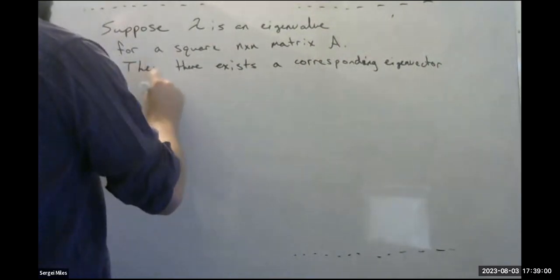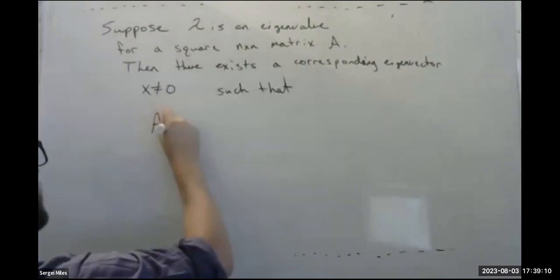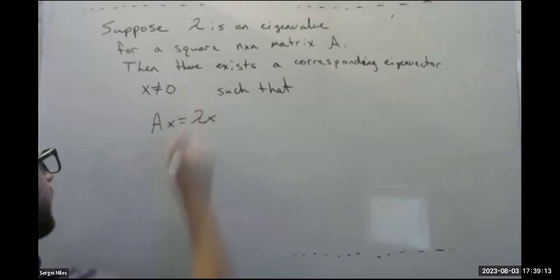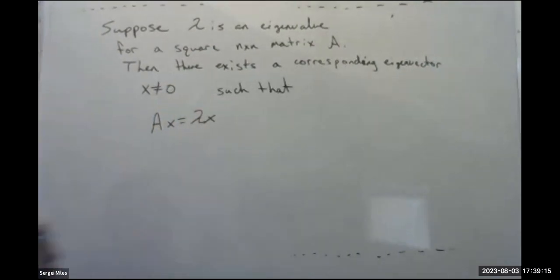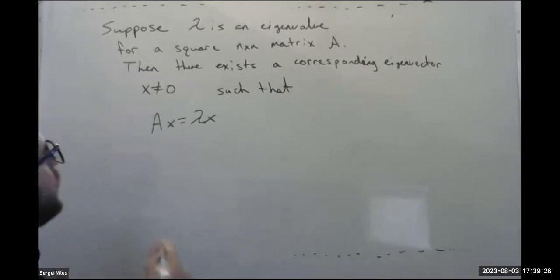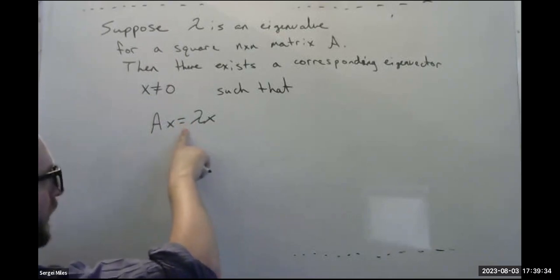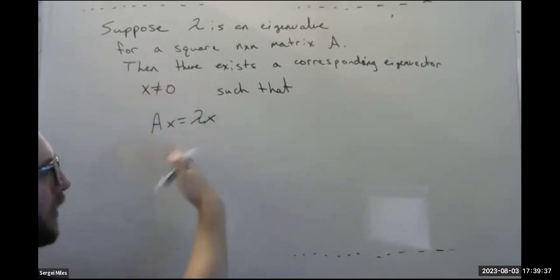Remember, eigenvectors have to be non-zero vectors, such that A times x equals lambda x. That's the definition for eigenvectors and eigenvalues that we have. Well, what if I want to solve for lambda? I want to know what this eigenvalue lambda actually is. I know what is supposed to happen if I have an eigenvalue, but how do I actually find the eigenvalue?